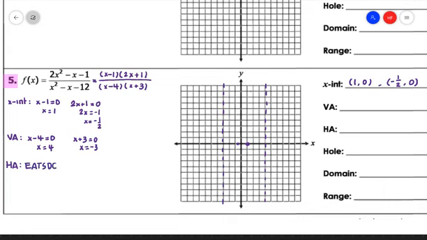We'll divide the coefficients. So y equals 2 over 1, which is 2. So y equals 2, we have a horizontal asymptote.